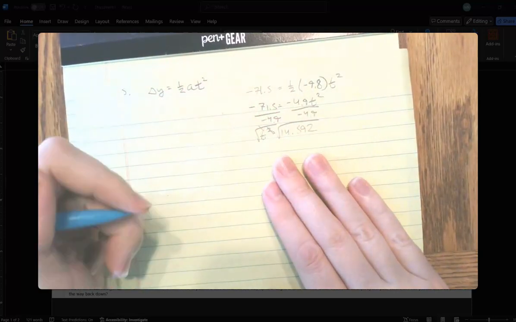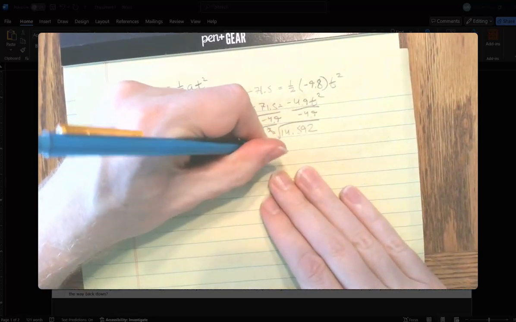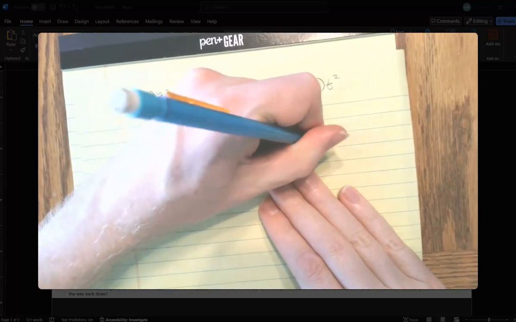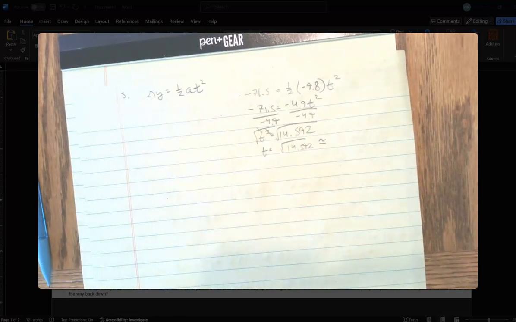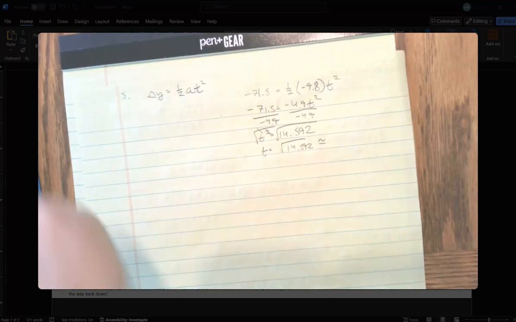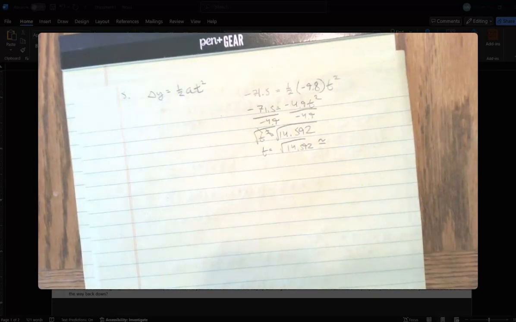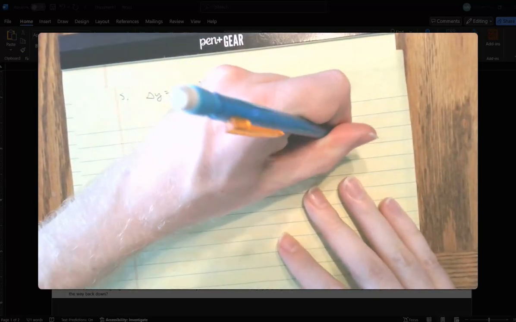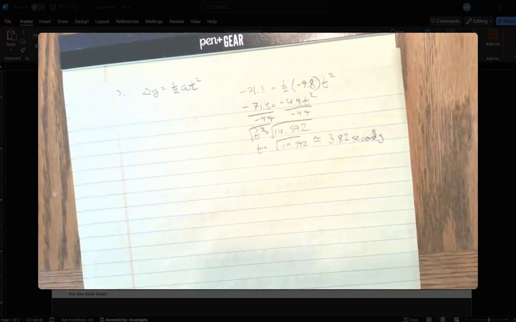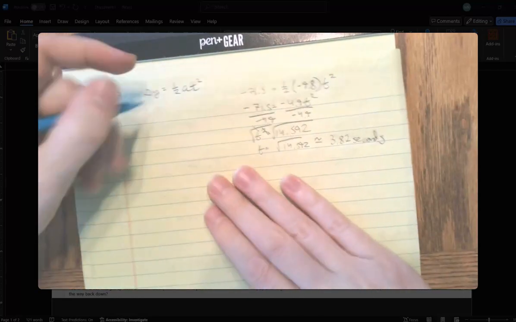So the square root and the squared cancel out. So we have t equals the square root of 14.592, and you end up with 3.82 seconds. So that's how long it took to travel there.